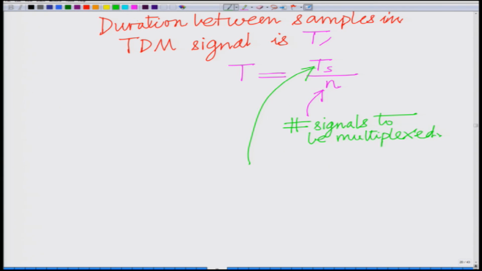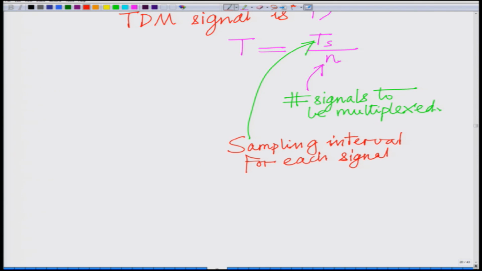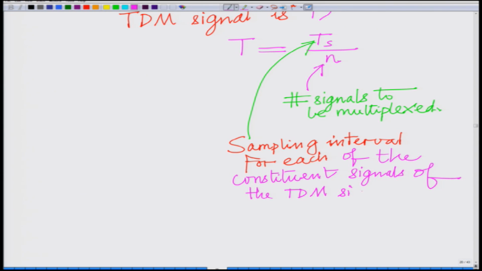And Ts is the sampling interval for each individual signal, or each of the constituent signals of the TDM signal.